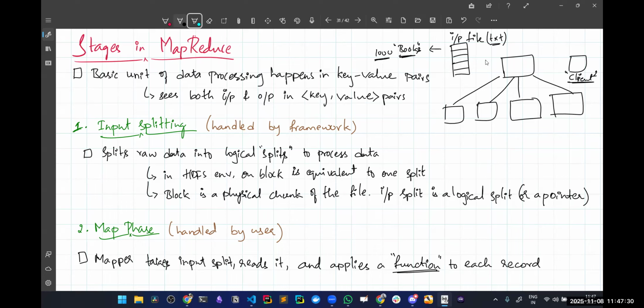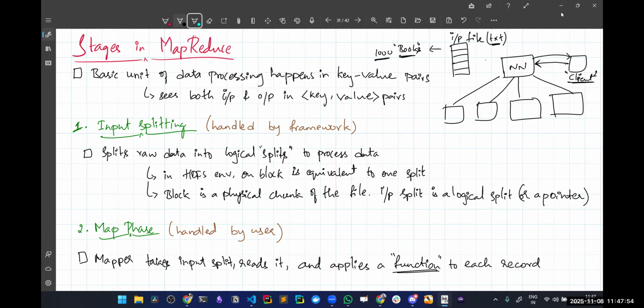As a client, I've written a MapReduce program and I've sent a request to my name node, asking for the locations of the data that I want to read and process. The name node sends back the locations of that data set.